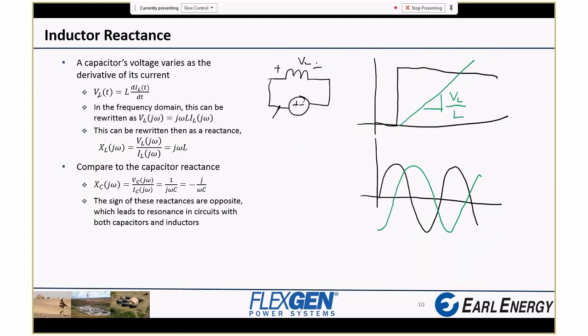The differential equation governing voltage and current in an inductor is far more important and would be used day to day. The reactance of an inductor is incredibly important and would be used.